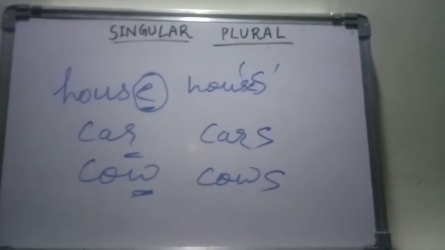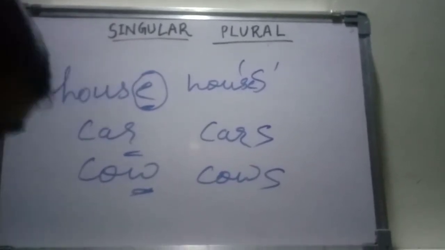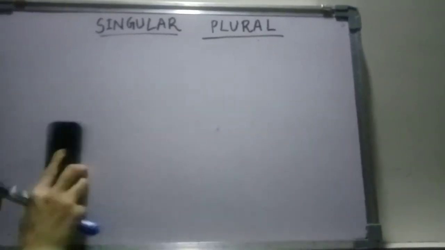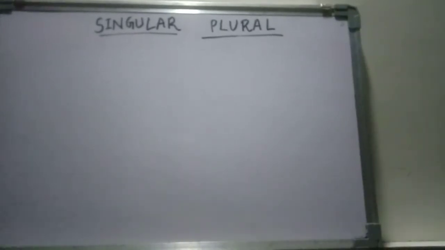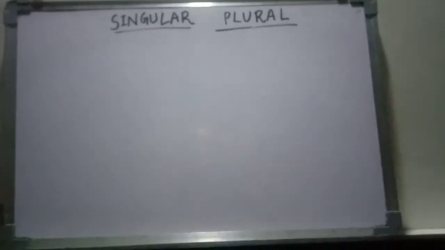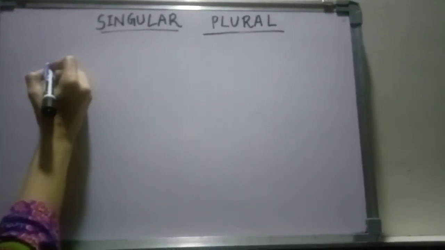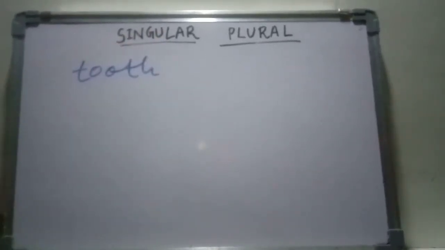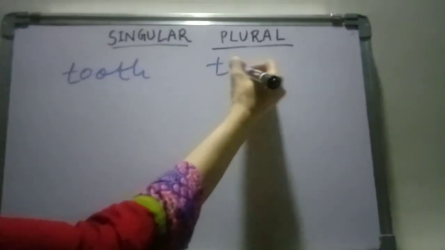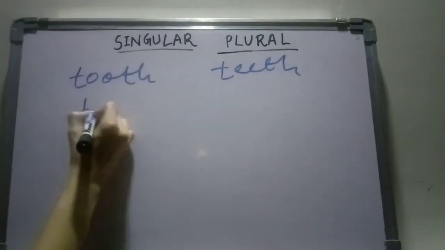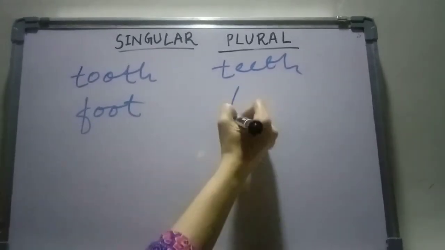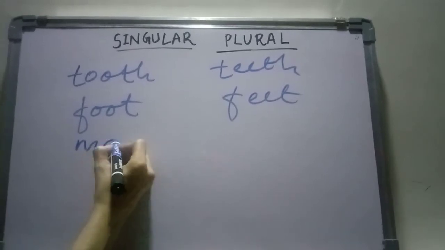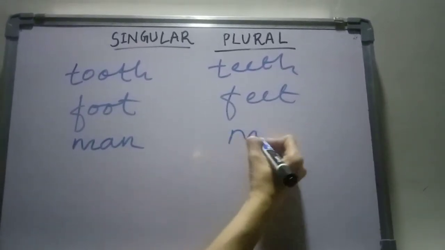Okay. Now apart from this, there are some irregular words for which the 6 rules do not apply. Tooth is singular, tooth becomes teeth. Foot is 1 foot, both becomes feet. Now very common, man, man becomes men.